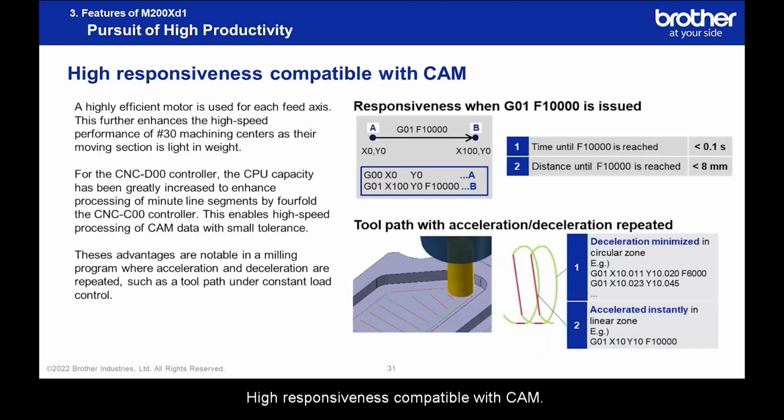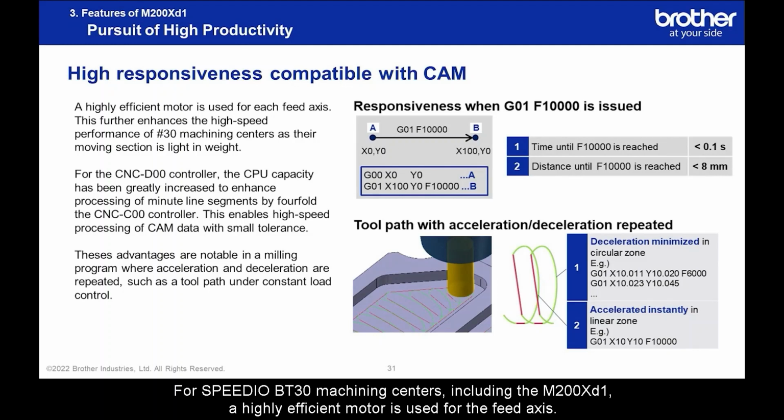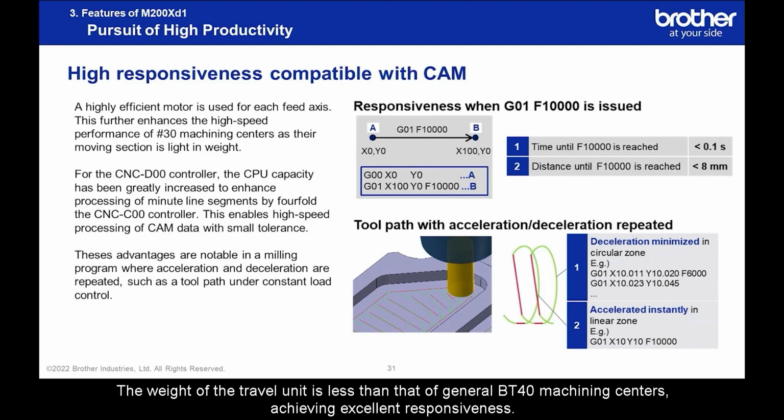High responsiveness compatible with CAM. For Speedio BT30 machining centers, including the M200Xd1, a highly efficient motor is used for the feed axis. The weight of the travel unit is less than that of general BT40 machining centers, achieving excellent responsiveness.